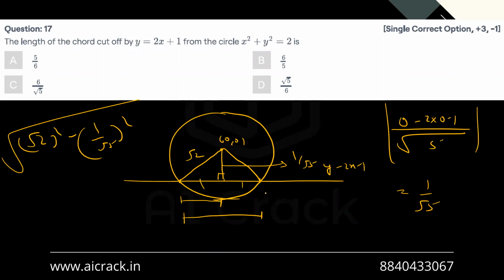And we have to find twice of that, so multiplied by 2. Overall, this becomes 2 minus 1 by 5, that becomes 9 by 5, root of it is 3 by root 5, into 2, that is 6 by root 5. So this is the length of chord. Okay, C looks correct.